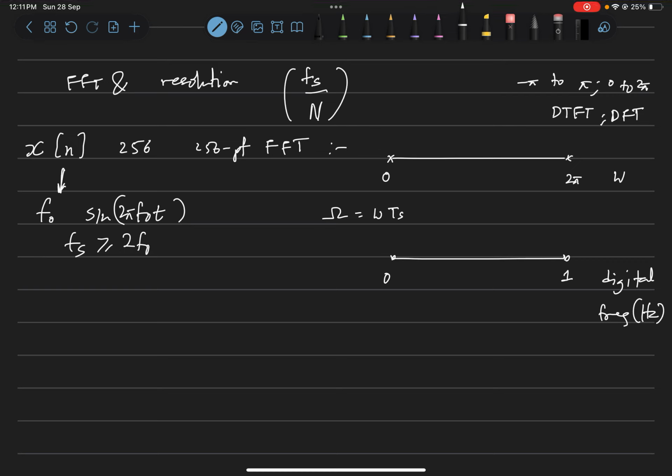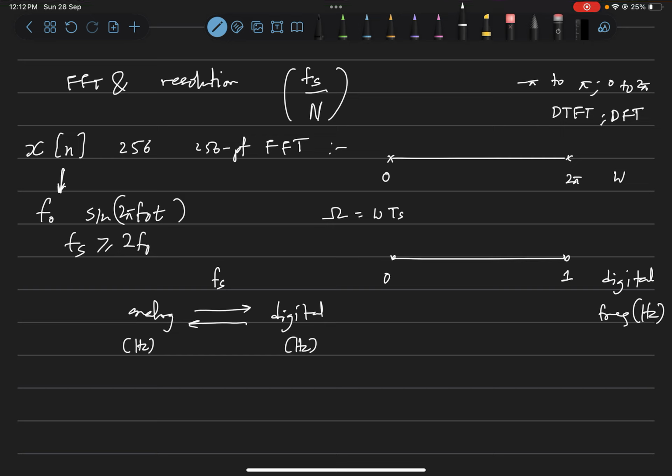Now since we have this relation, there will be a factor of Fs in the map from digital frequency to analog frequency. Let's say you want to convert between analog frequency and digital frequency, and both of them are in hertz, then you have a factor of Fs.